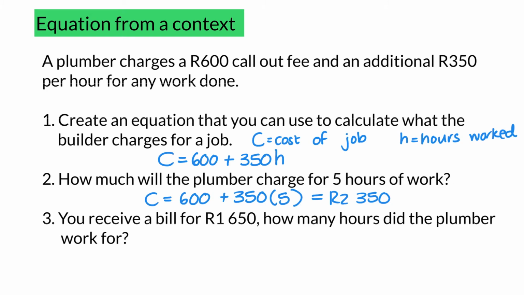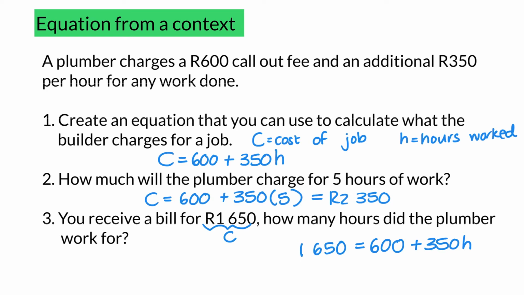The last question says, you receive a bill for 1,650 Rand. How many hours did the plumber work for? So this here is the cost, but we don't know how many hours the plumber worked. So if I was to put that in my equation, I'd have 1,650 Rand is equal to 600 Rand plus 350 Rand times by the hours.